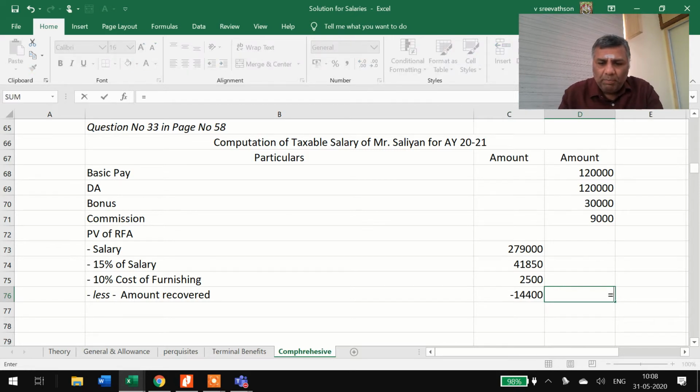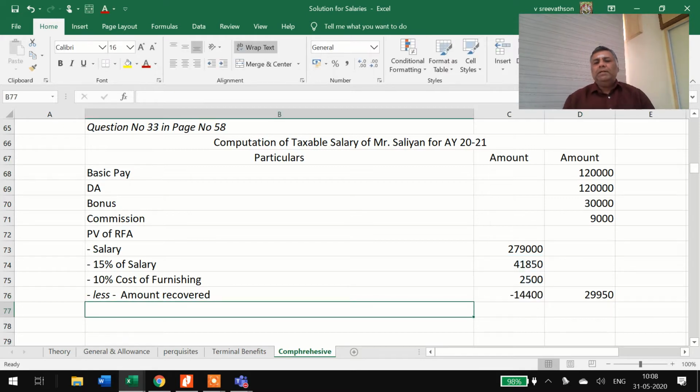So my total RFA, including furnishing, will be 29,950. Whatever we have been working in a comprehensive question will become a working note.